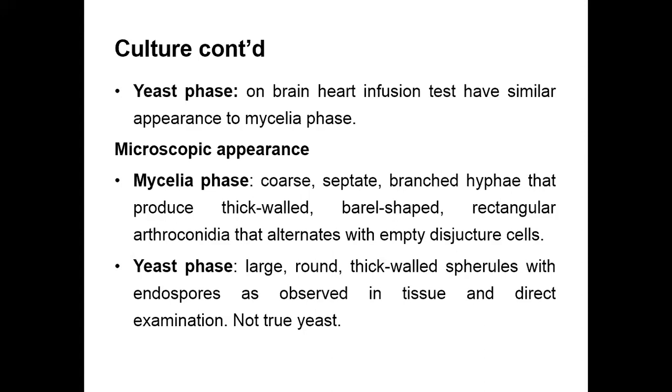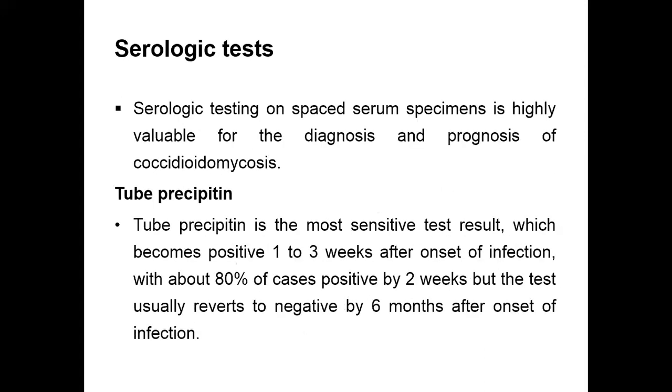There is not much difference, but we need to understand that in the mycelial phase, the majority of the spores or conidia are in coarse form. In the yeast phase, the majority are in large, round or septate form, right? So hyphae can be easily observed in the mycelial phase, but this is not true for the yeast phase.